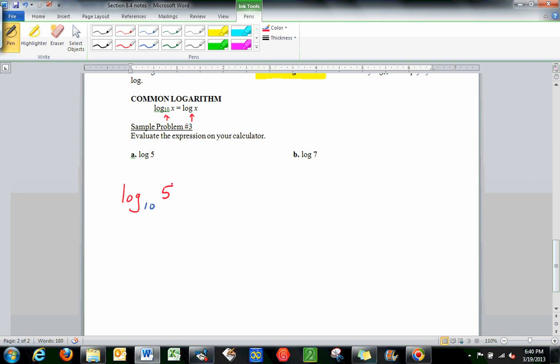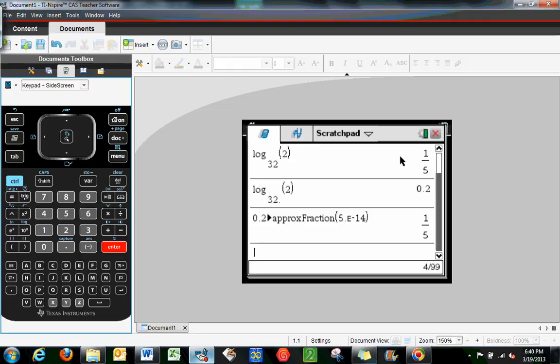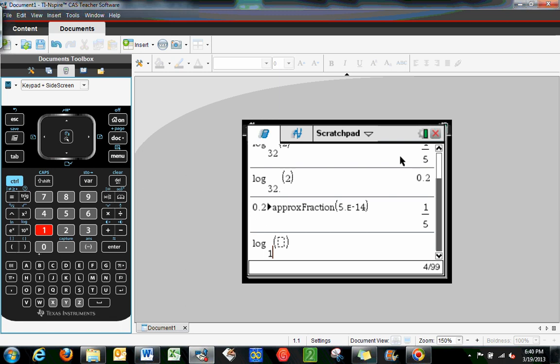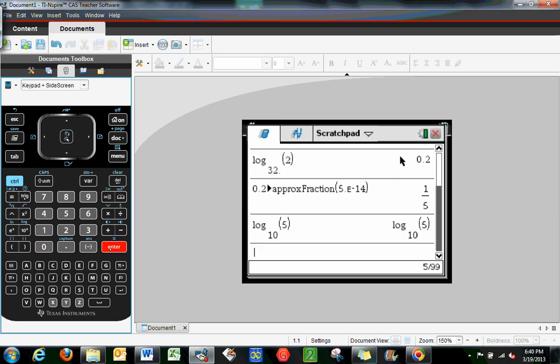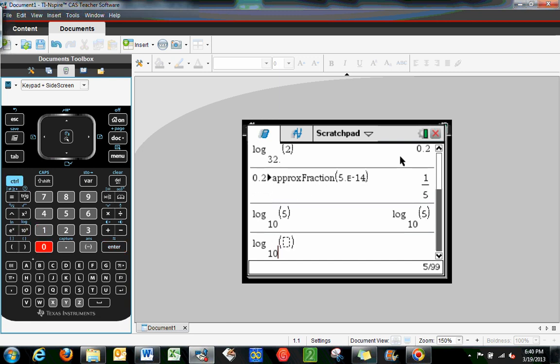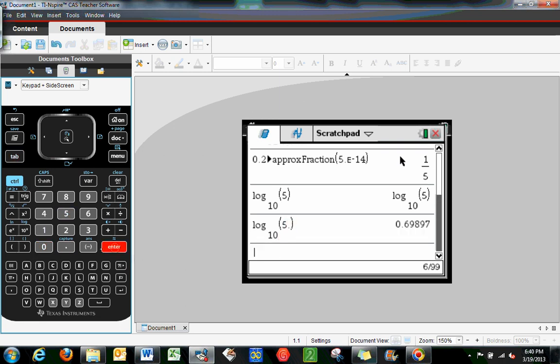And so if we decided to put that into our calculator, we would have log base 10 of 5, which is going to give us, apologize, I'm going to have to put the decimal point in it. You probably did not. Yours probably did that for you. And I'm going to have to put a decimal in here to get a non-exact answer.